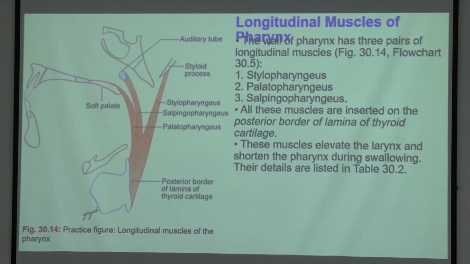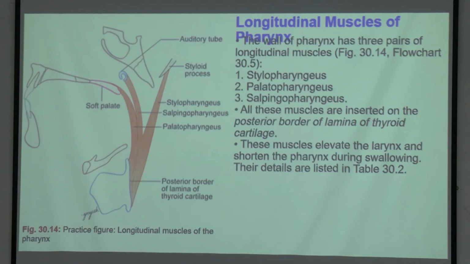One is coming from the palate, one is coming from the pharyngotympanic tube, the eustachian tube, which is the salpingopharyngeus, and one is coming from the styloid process of the temporal bone.